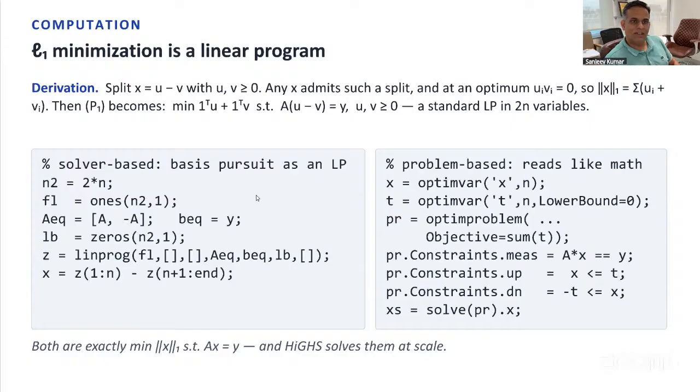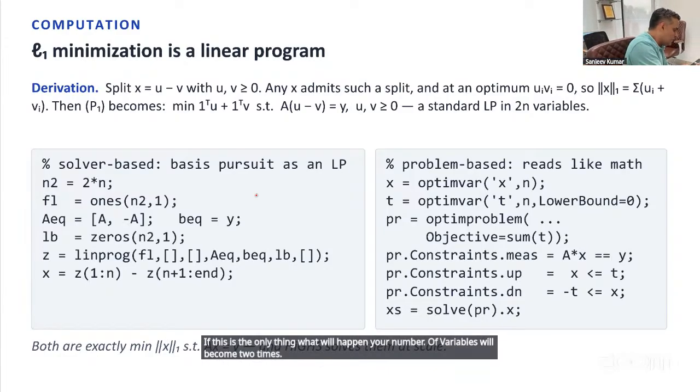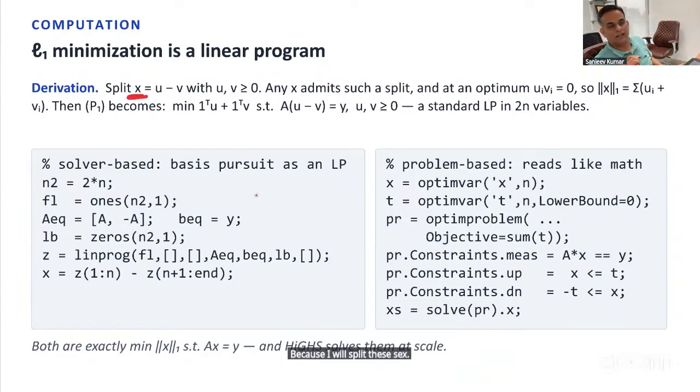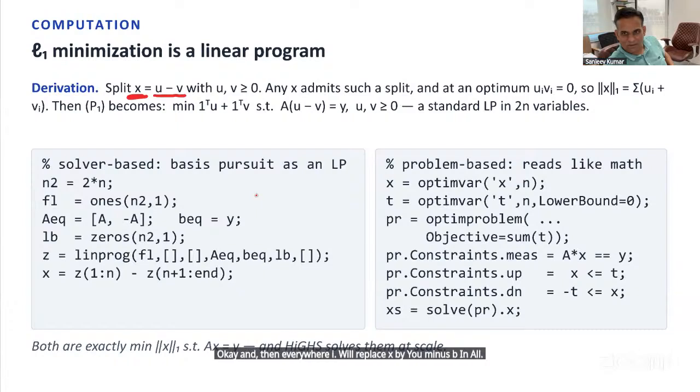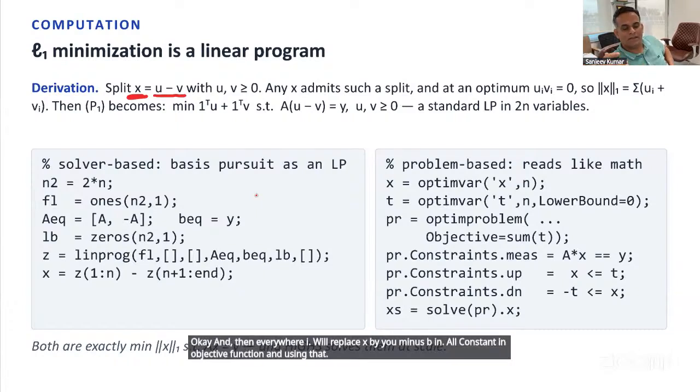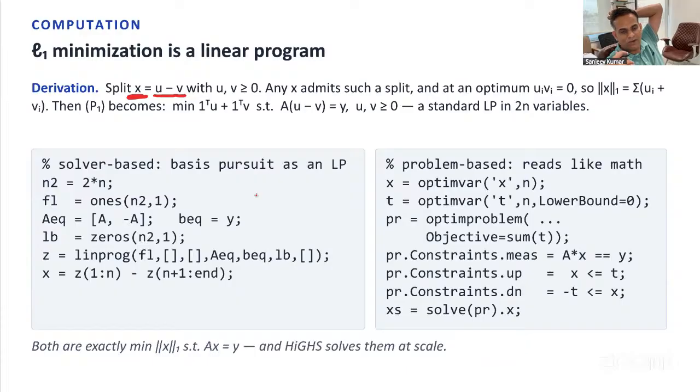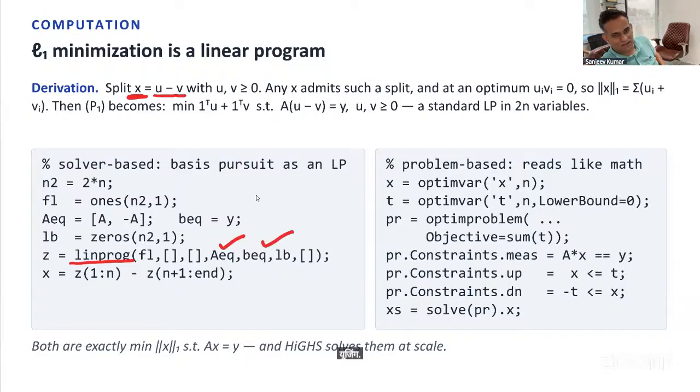Your number of variables will become 2 times, because I will split this x decision vector as u minus v, where both are greater than or equal to 0. Then everywhere I will replace x by u minus v in all constraints and in the objective function, and using that it comes out to be a linear programming problem with equality constraints only. And using linprog, I can solve the problem.